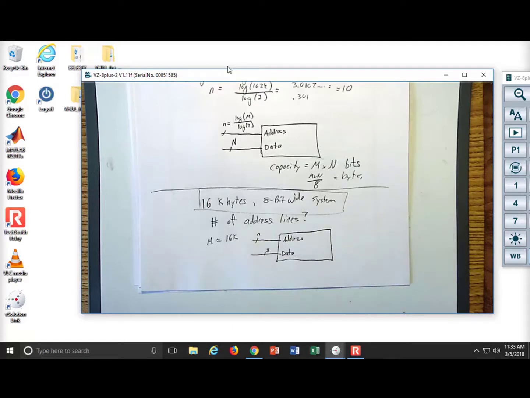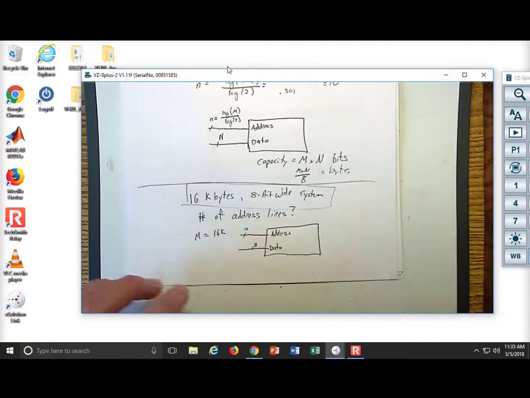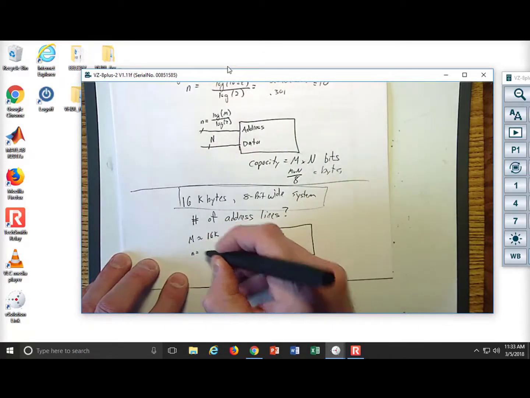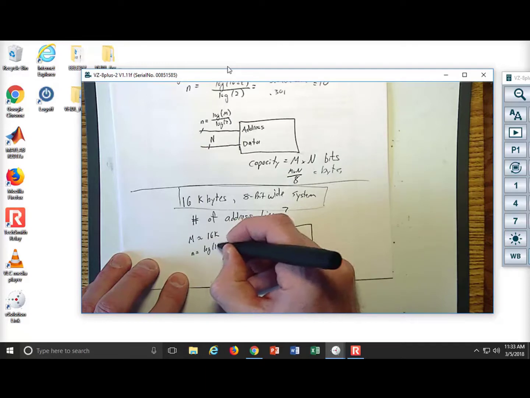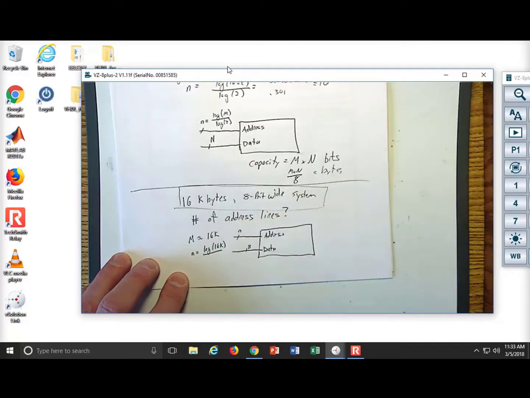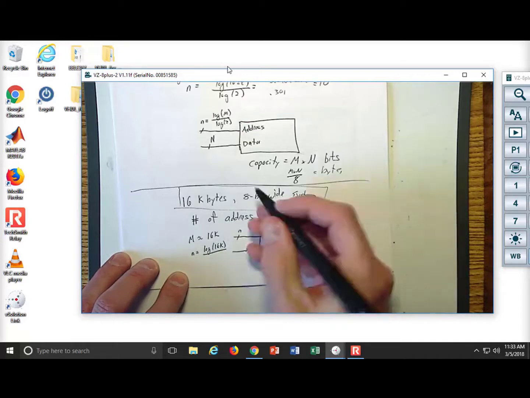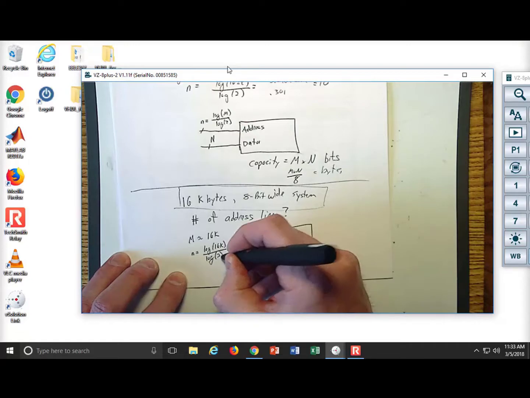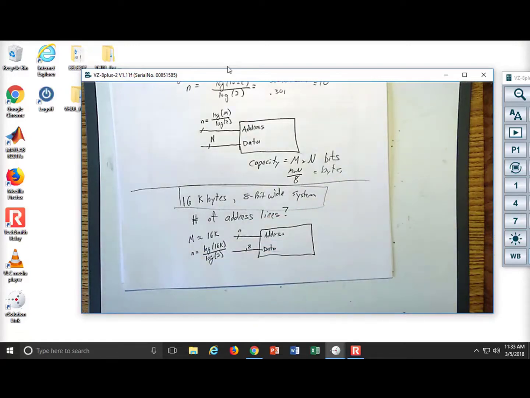Does that sound feasible? Okay, so let's do that. I want to put n is equal to log of 16K, and I know this isn't accurate. This is taking into consideration that people are saying 16K when it's actually 16 something. So then I'm going to do log of 2, and does anybody have that calculated?